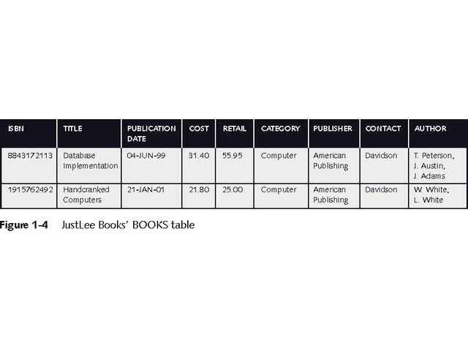You can see the title, publication date, cost, retail, category, publisher. All these columns are describing ISBN. So you can think of ISBN as an entity. The table name is books. Let's look at the author column there. How many authors do you have? You have T. Peterson, J. Austin, J. Adams.